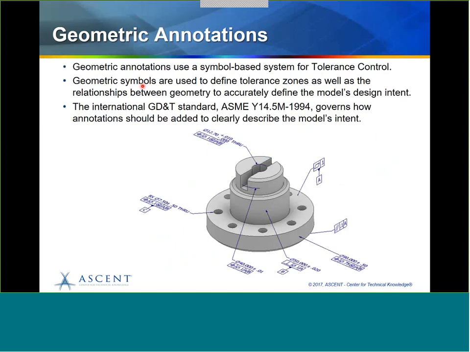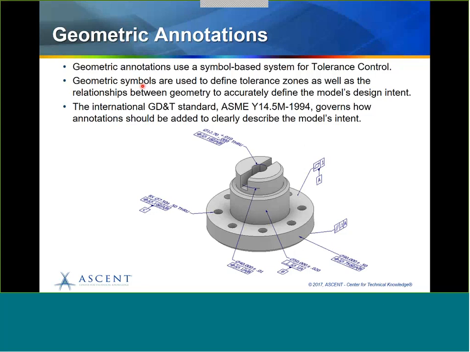And we're going to focus on the geometric annotations. And as I mentioned, these are the GD&T types of annotations that you'd want to add in your 3D model. So when you're designing in a 3D CAD modeling environment, all of that geometry is created perfectly. But then during the manufacturing stage, it's not as possible to achieve all that same perfection.